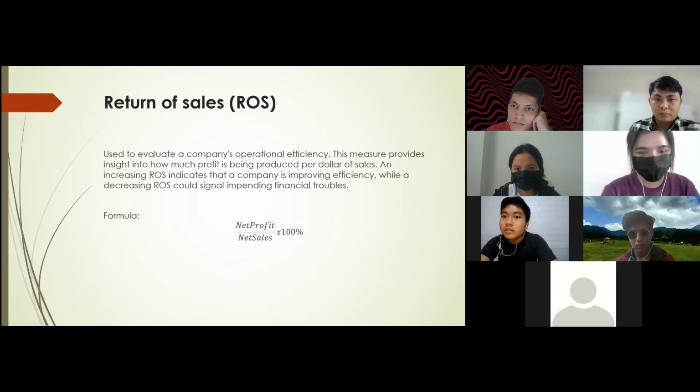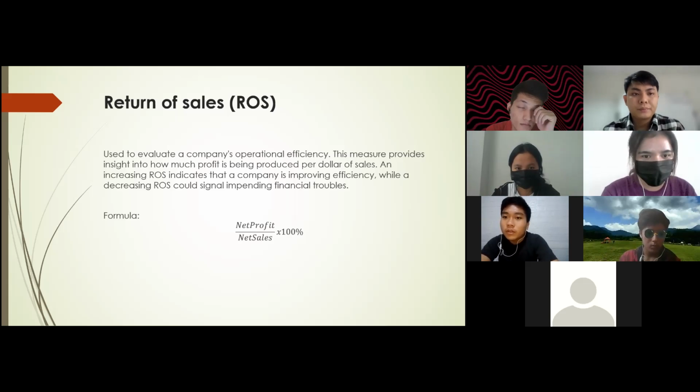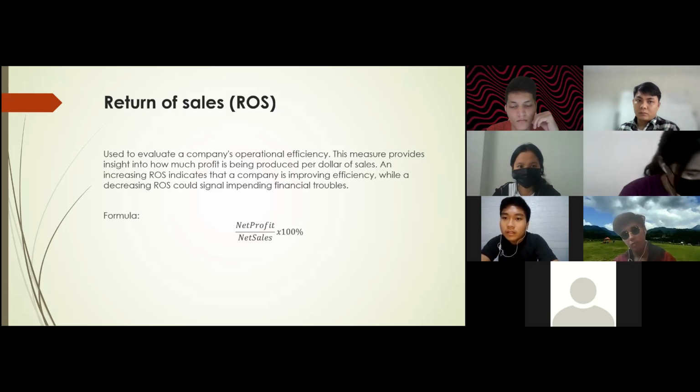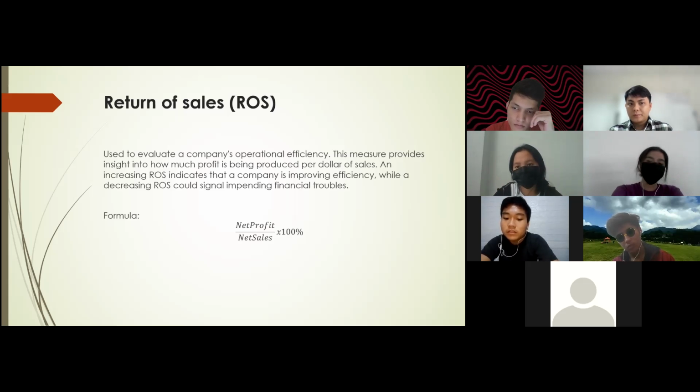An increasing ROS indicates that the company is improving efficiency, while a decreasing ROS could signal impending financial troubles. The formula is net profit divided by net sales multiplied by 100%. Net sales are the total revenue reported by the company, excluding any sales returns, allowances, and discounts.